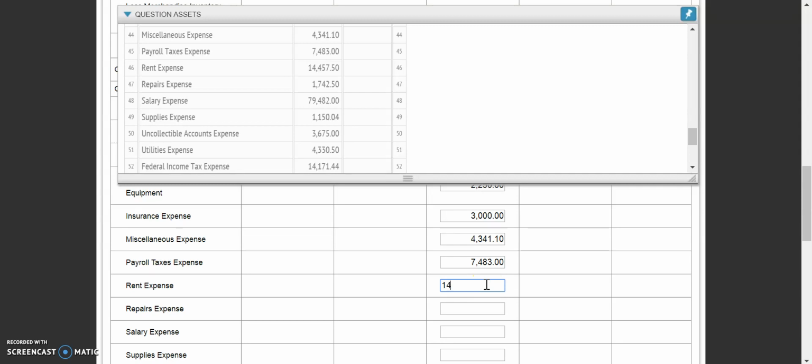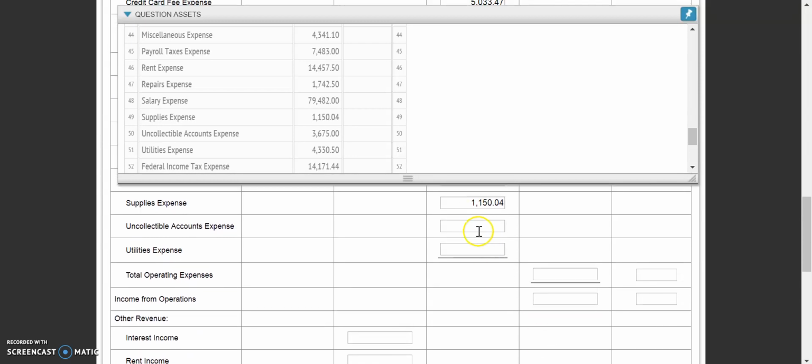rent is $14,457.50, repairs is $17,442.50, salary is $79,482, supplies is $1,150.04, and keep scrolling here.